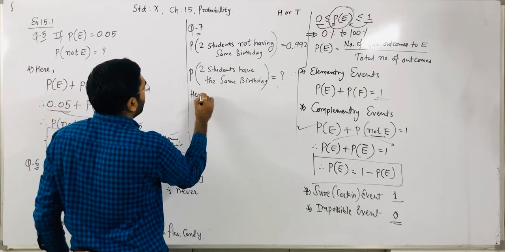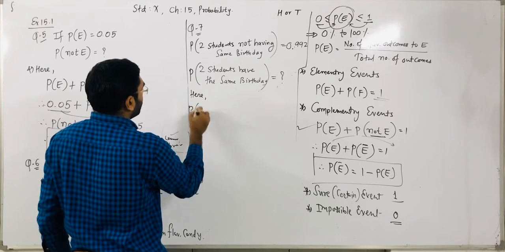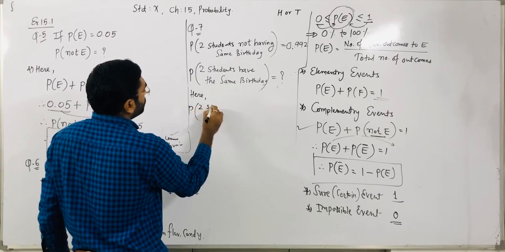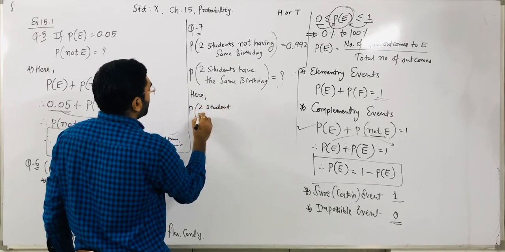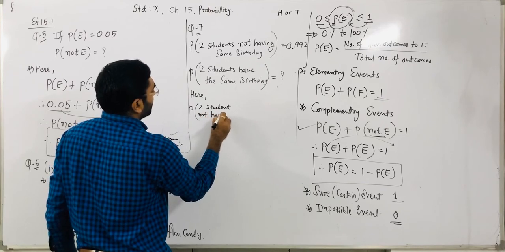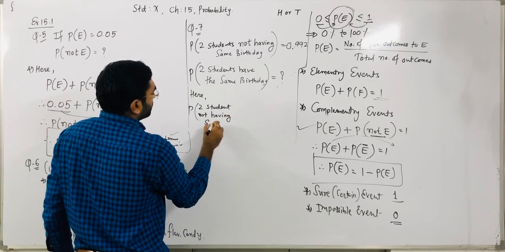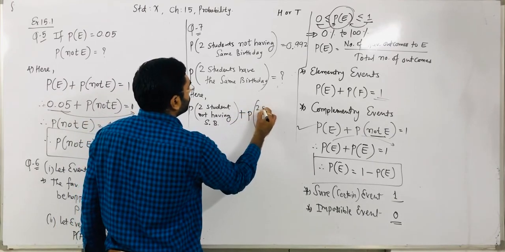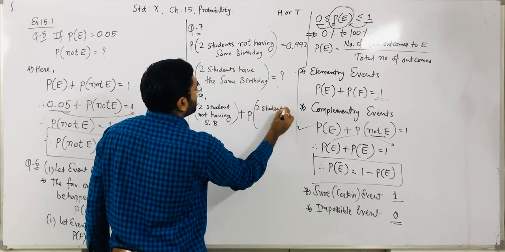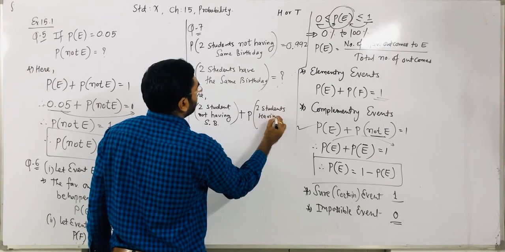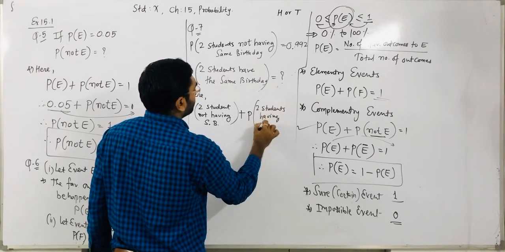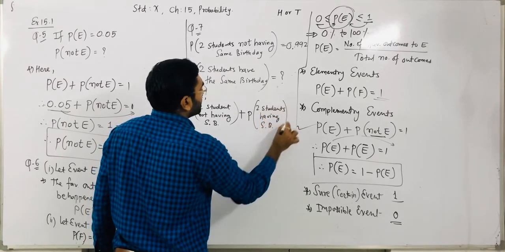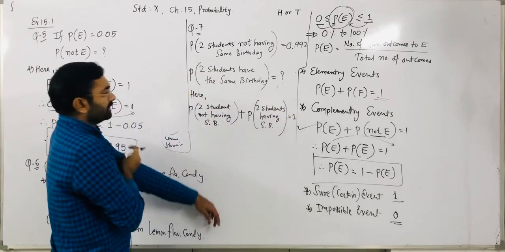So here we have to apply the formula of complementary events, in which the probability of 2 students not having the same birthday, I write in short form, plus the probability of 2 students having the same birthday is equal to 1, right?